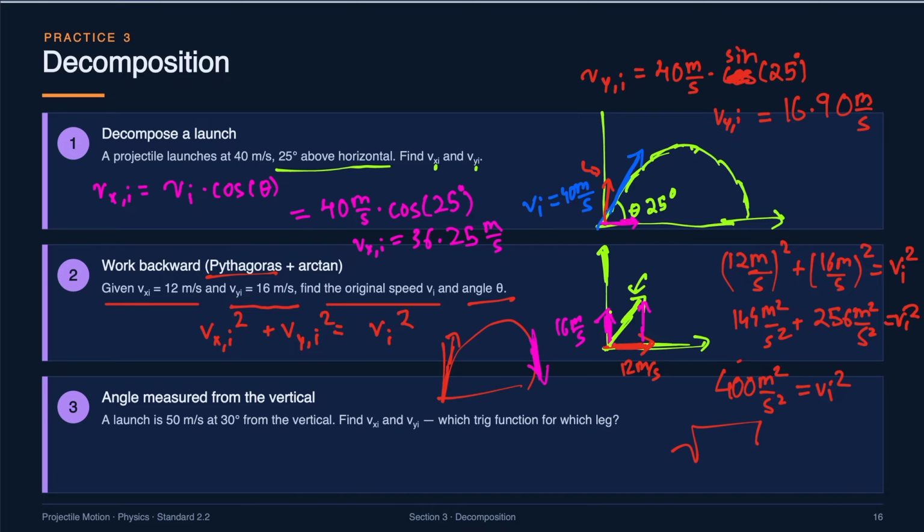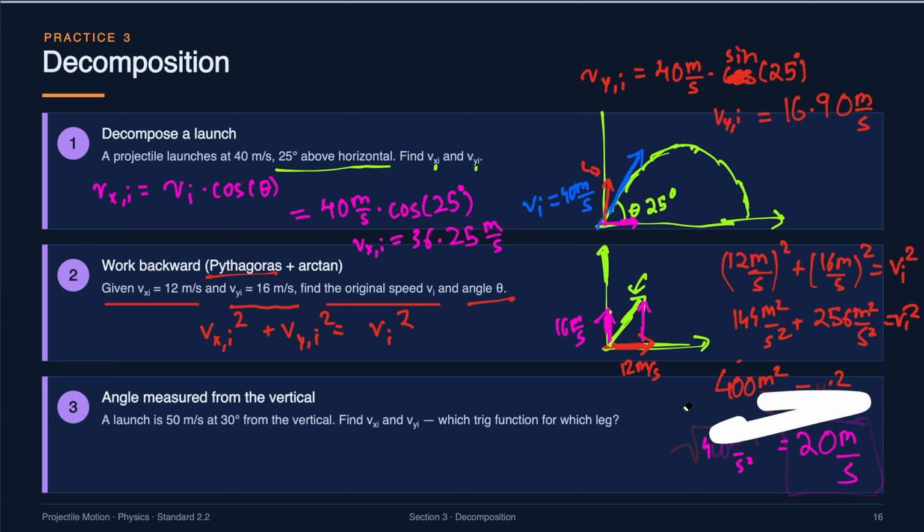Fun fact: at the distance s, this vector will have the same magnitude as this vector from the distance s. But that's just something you can keep in mind. The square root of 400 meters squared per second squared gives us 20 meter per second as our magnitude. Okay?